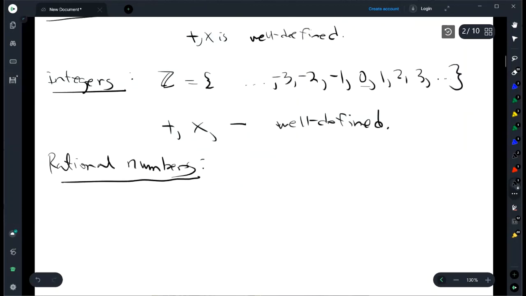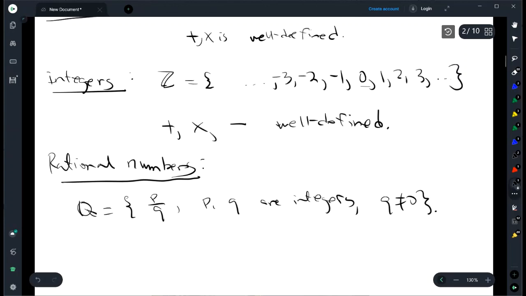And throughout the course, we describe it as bold Q, which is the set of all fractions written as P over Q, where P and Q are integers with Q not equal to 0.